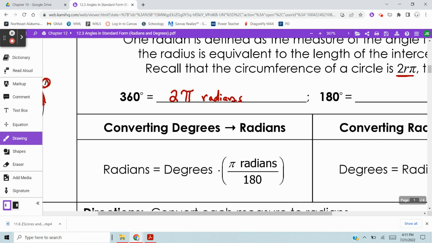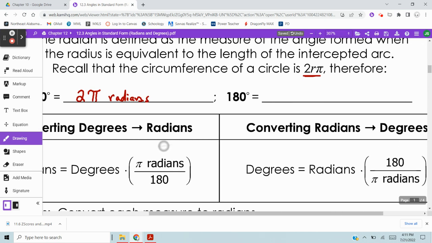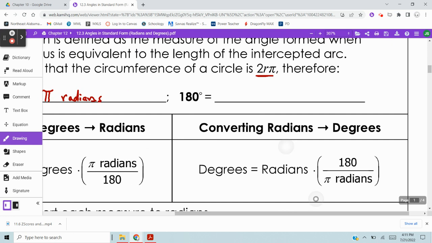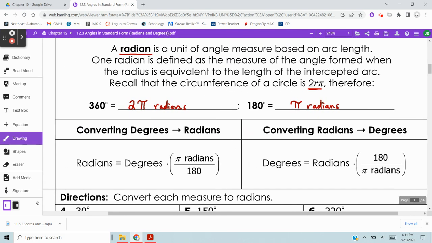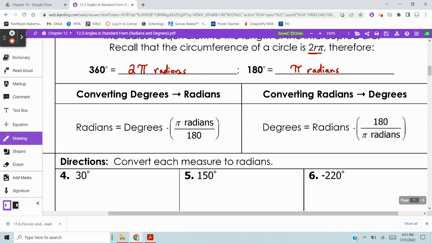If you were to go all the way around a circle, that's the same thing as 2 pi radians. Therefore, 180 degrees would be half of that, so 180 degrees would be pi radians. It's very important that we remember those two conversions, that's how we're going to end up converting from degrees to radians.